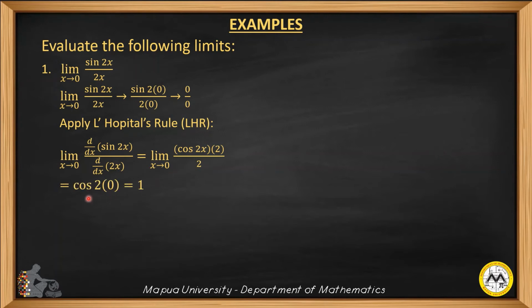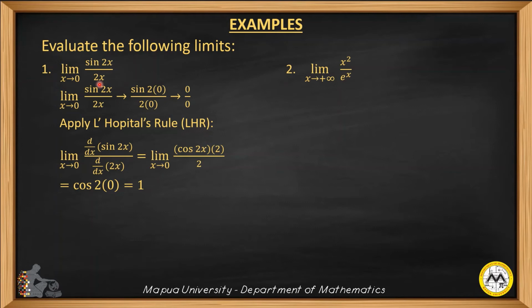This now will lead us to cosine of 2 times 0, or simply cosine of 0, which is equal to 1. Since the limit of this expression here exists, then by L'Hopital's rule, that will also be the limit of the original expression, sine of 2x divided by 2x as x approaches 0.